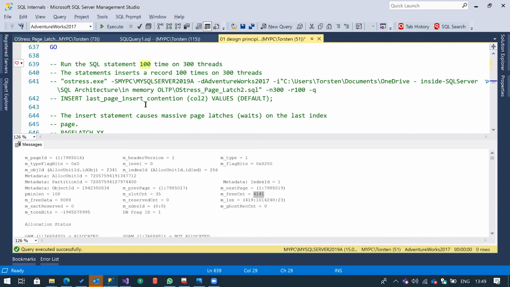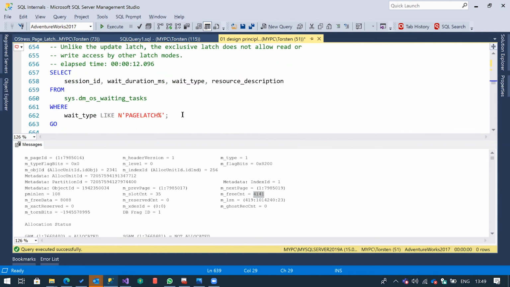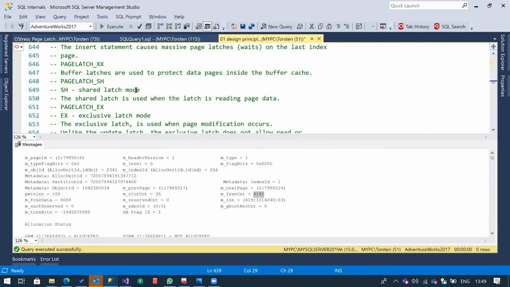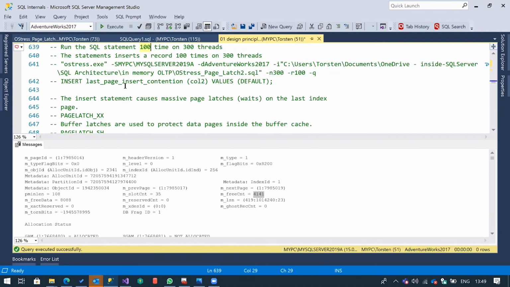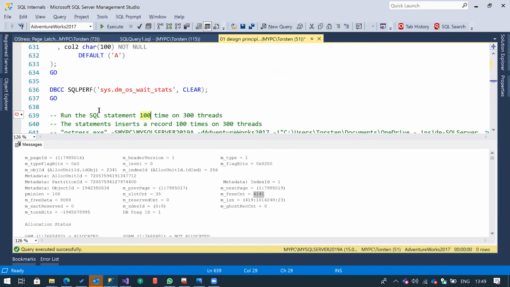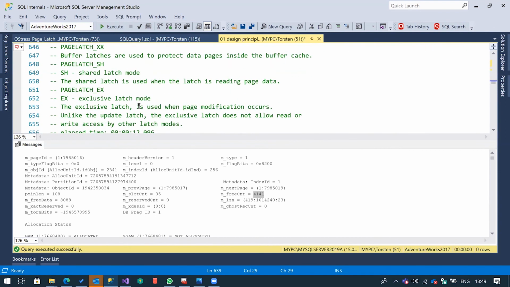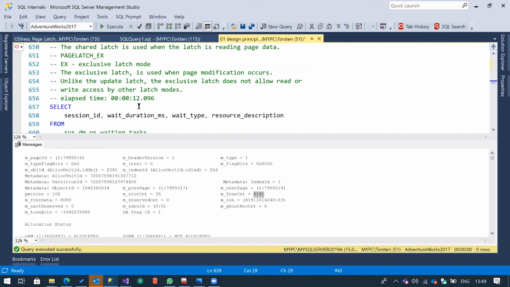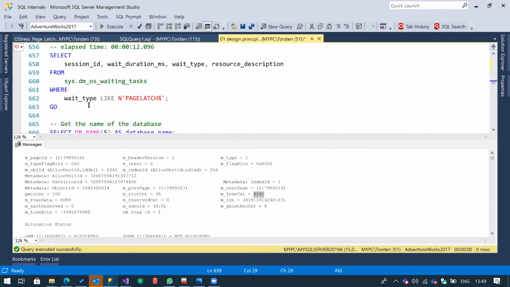And this was, at the point in time where I took the snapshot of the wait statistics, the rightmost page. If you remember, I can't show it anymore because we do not have any waiting task at the moment, but you remember the page was repeating over and over again. All the threads were looking for the same access to write or to insert data into the page.